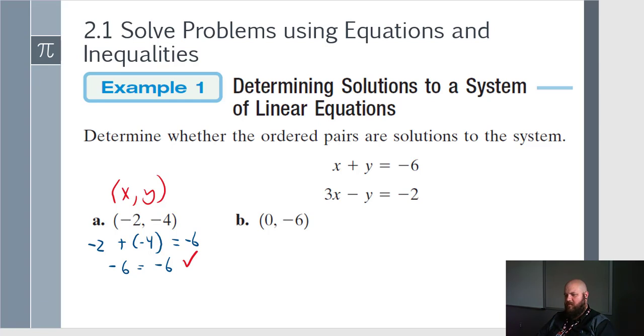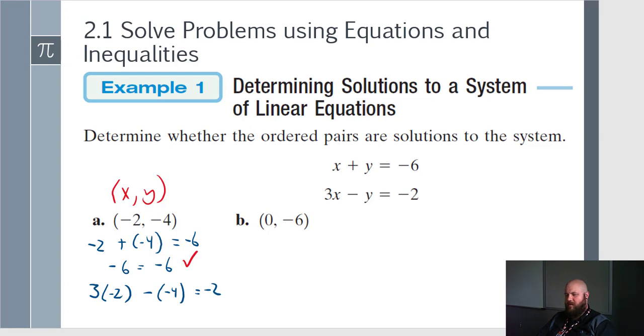Second equation, we're going to take 3x minus y equals negative 2. So if we take 3 times negative 2 minus a negative 4, that should equal negative 2. Well, let's go through this and get this squared away.